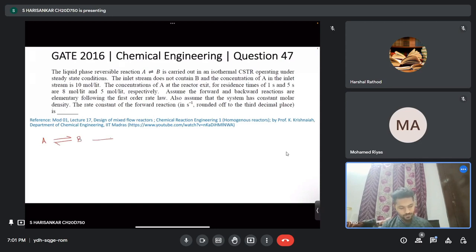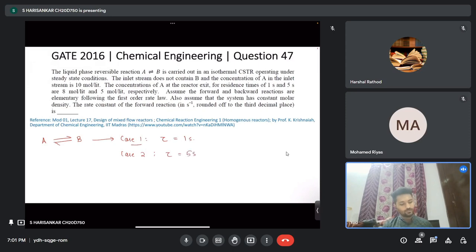Case 1, the residence time tau is 1 second, and case 2, the residence time tau is 5 seconds.